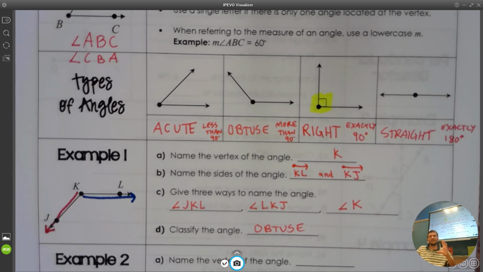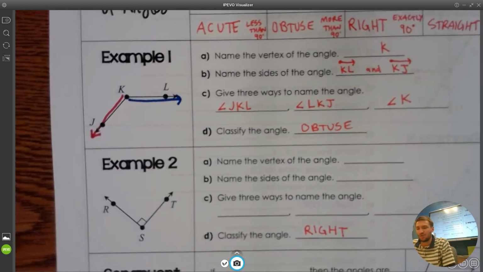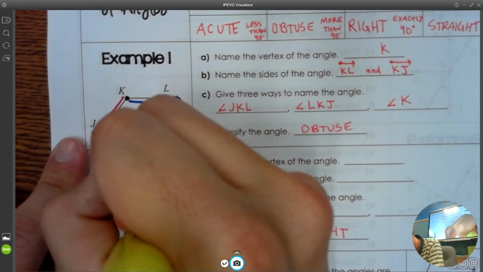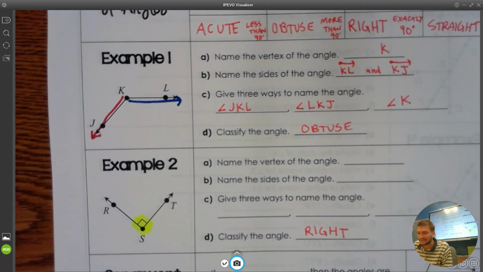That square guarantees right angles. Guaranteed, okay? So as soon as you see that square in the corner, right angle, period. It is always guaranteed to be a right angle as soon as you see that square. So for example 2, you see the square in the corner? Guaranteed, instantly, it has to be a right angle, okay?